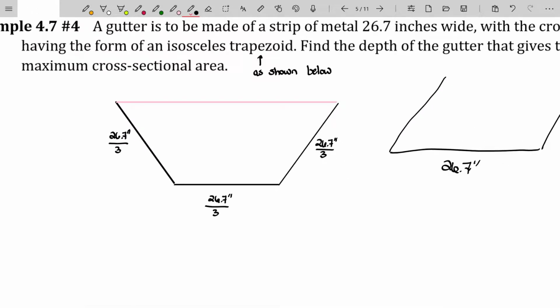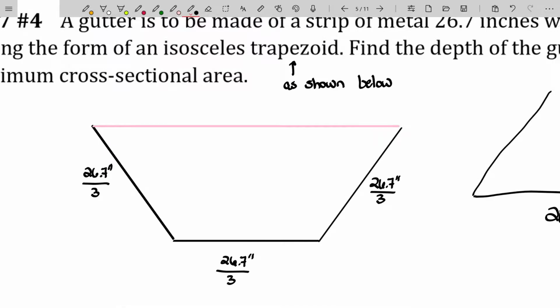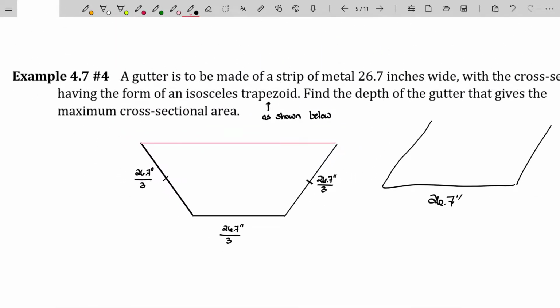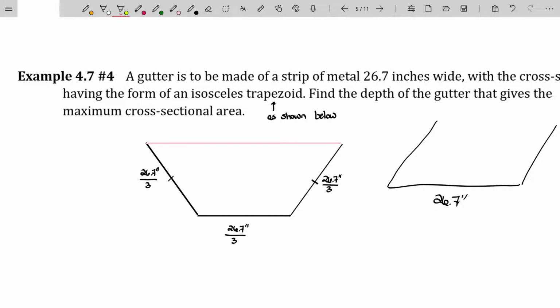Altogether, obviously, those should sum up to 26.7 inches, which they do. It's isosceles because these two sides are the same length, but it's a special isosceles trapezoid where the base is also the same length. And we want to figure out what is the correct kind of bend to this metal so that we can maximize the water flow through here for this gutter.